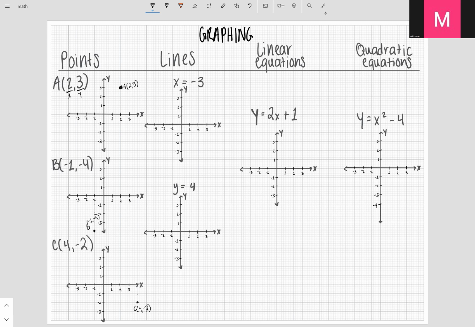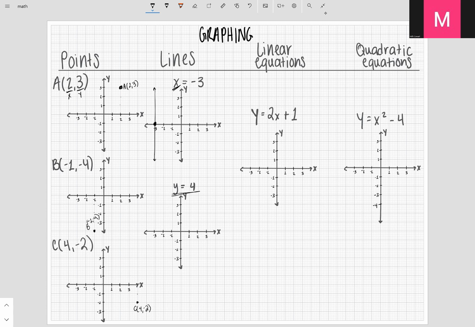When we graph lines, remember this is the x-axis where we'll be plotting this point, and it's equal to -3. So we put the point on the x-axis because we're plotting x. And then we'll just draw a line straight through it. And for this one, we're plotting y equals 4.